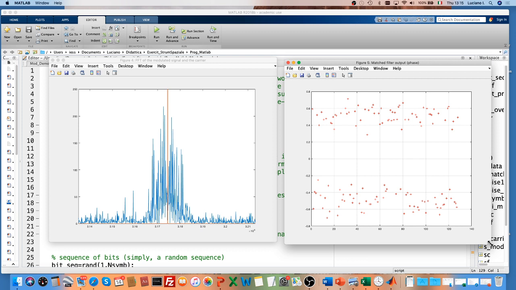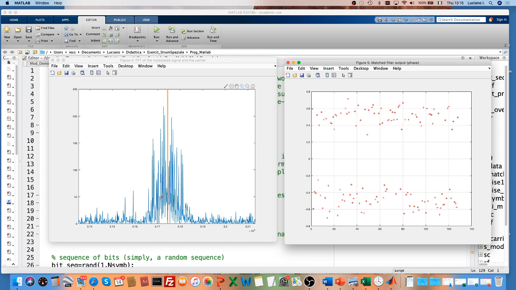So what you see on the left panel is the power spectrum, which is obtained from the fast Fourier transform of the time sequence, the total sequence made up by modulated carrier plus noise. So here you see carrier and noise.